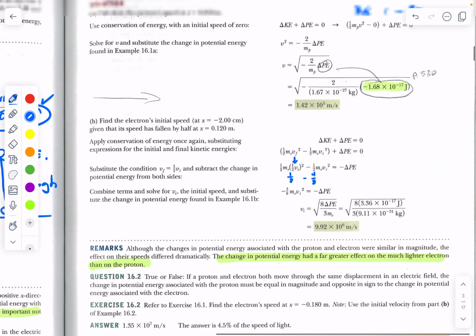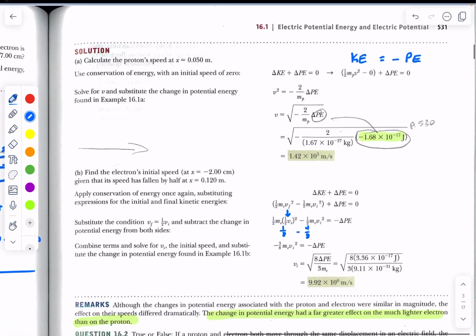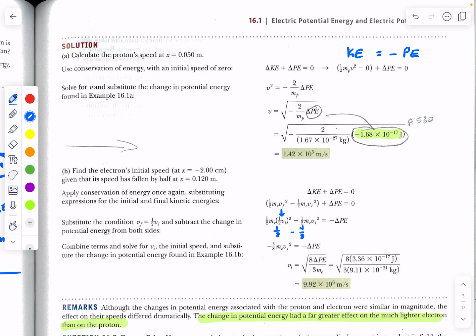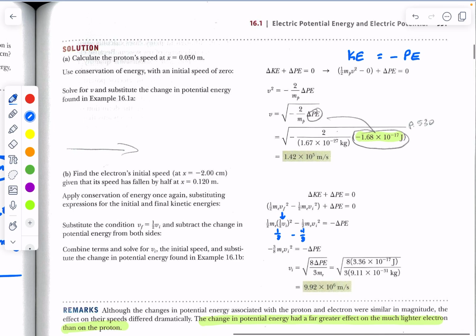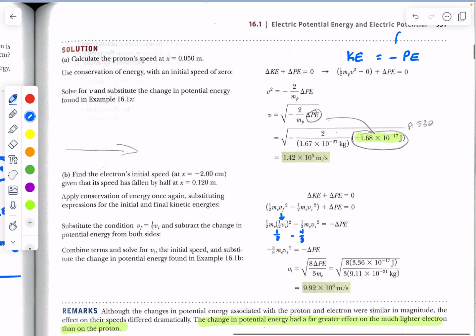So we come over to the top of the next page, and we say that all of my kinetic energy is going to cause a reduction in potential energy as my proton moves spontaneously in the direction that it would naturally go in this electrical field.